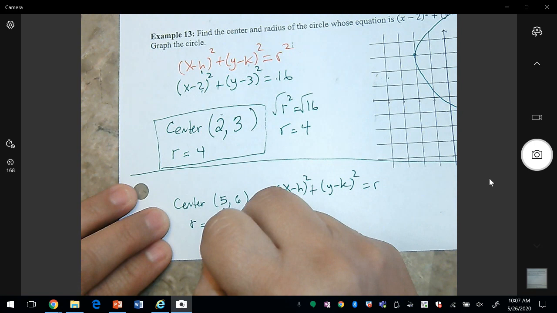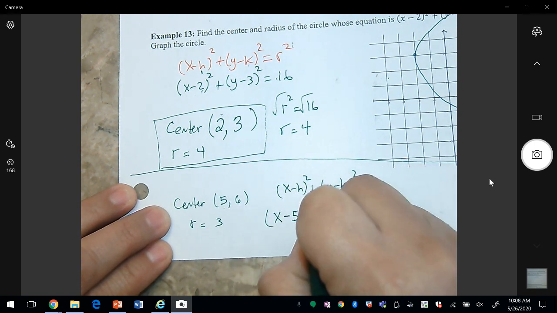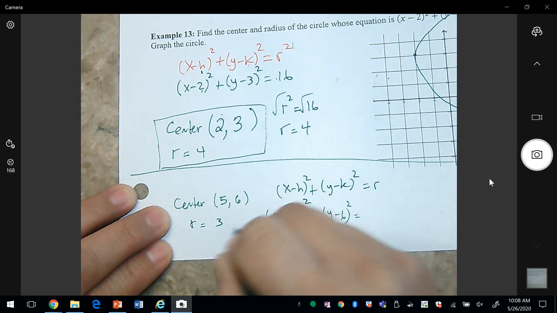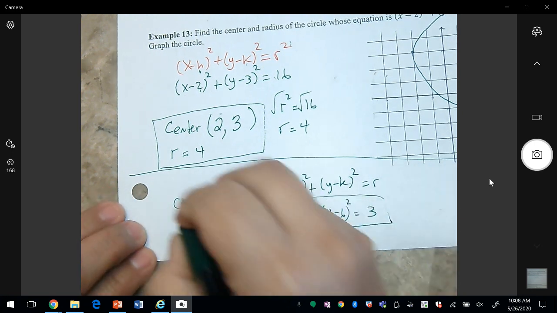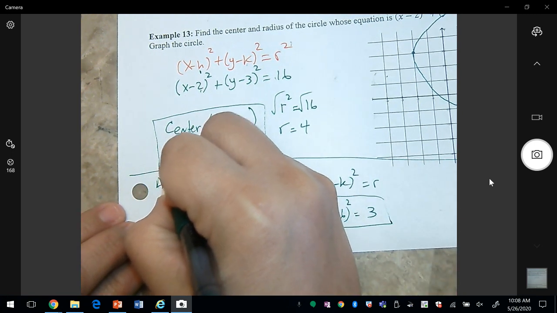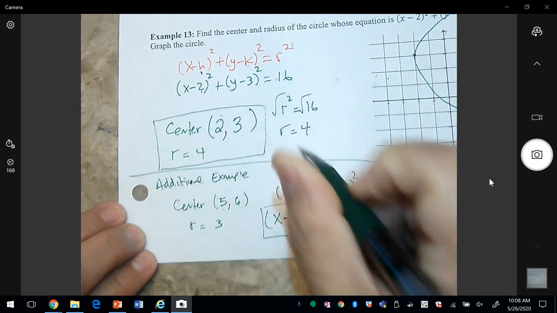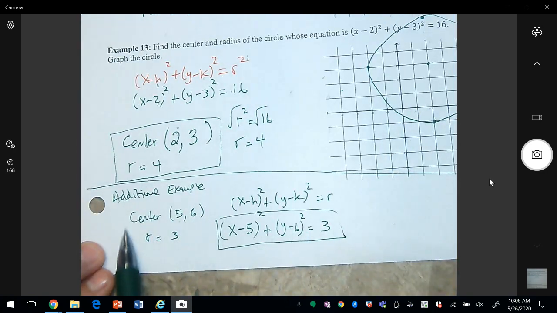So you have x minus 5, your k is 6, and your radius is 3. Okay. So once you find the radius in example 11, then you want to find the equation, and all you have to do is substitute it into the standard form.